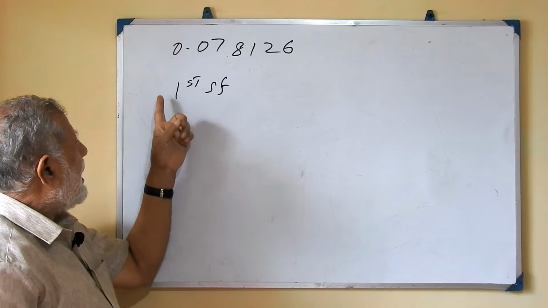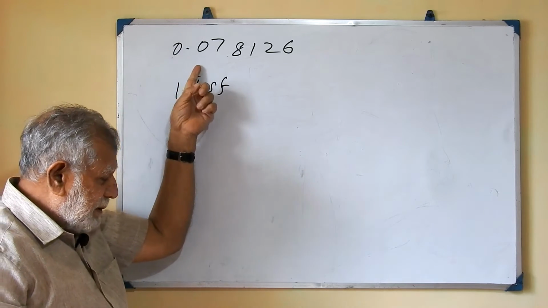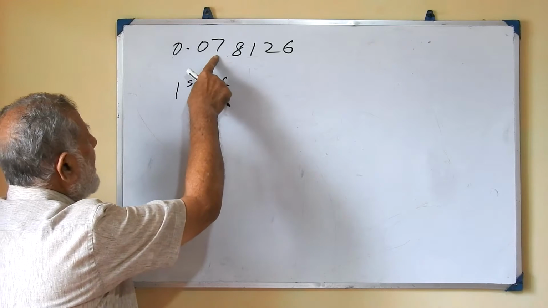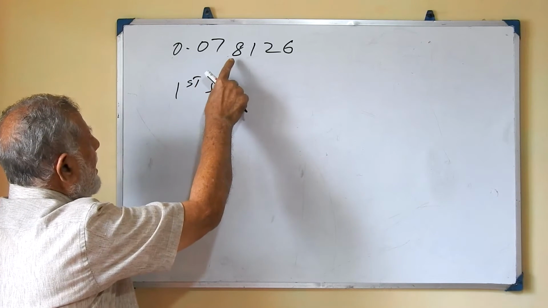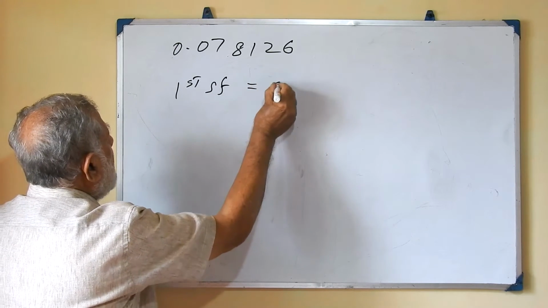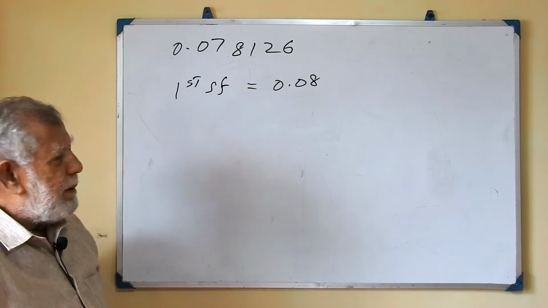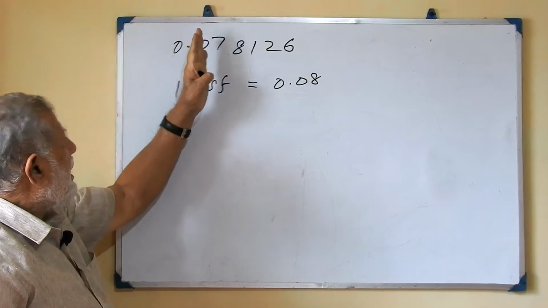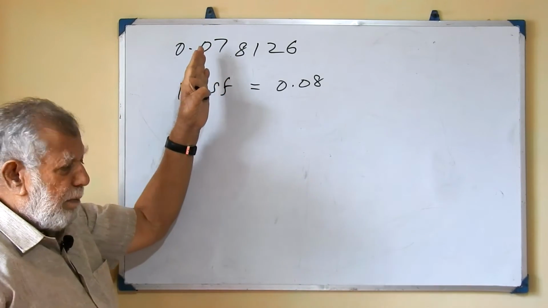We have to take the numbers. So we can't take these two for the significant figure. So the first significant figure will be 7. But we can't leave it as 7, because the next number is 8. So the first significant figure will come to 0.08. Now decimal places are different, but in significant figures you can't take the starting zeros.